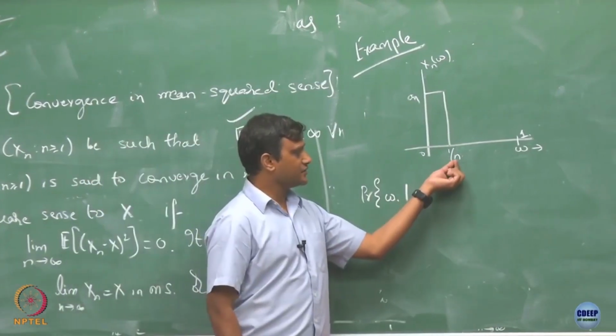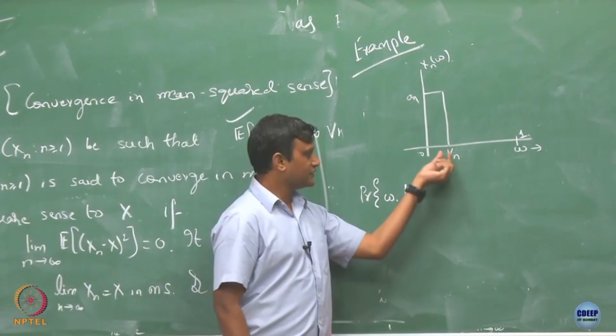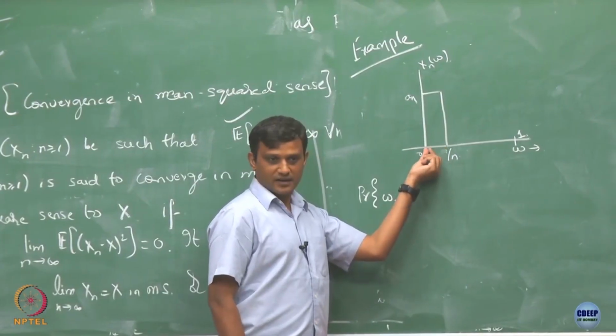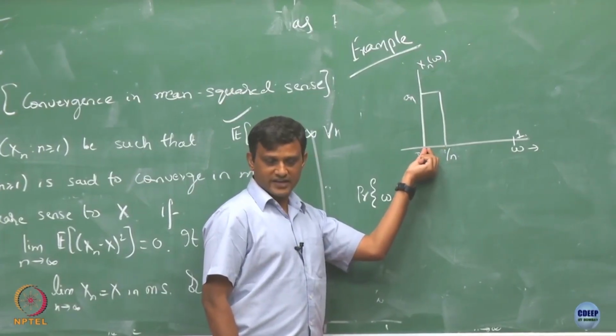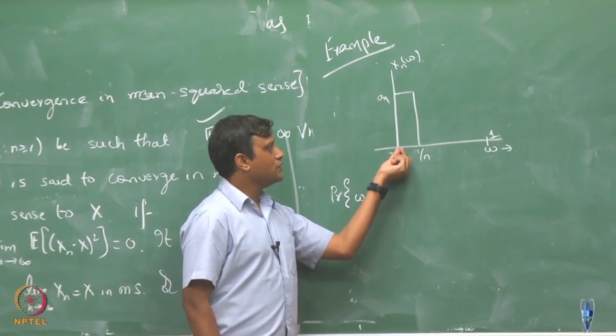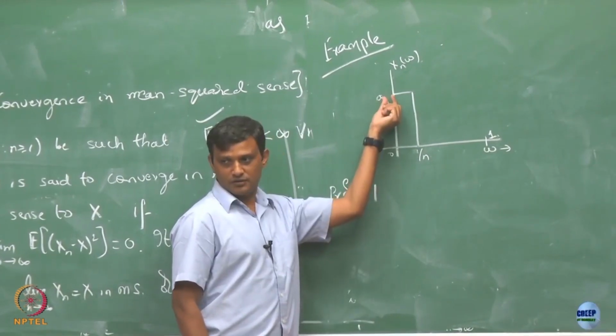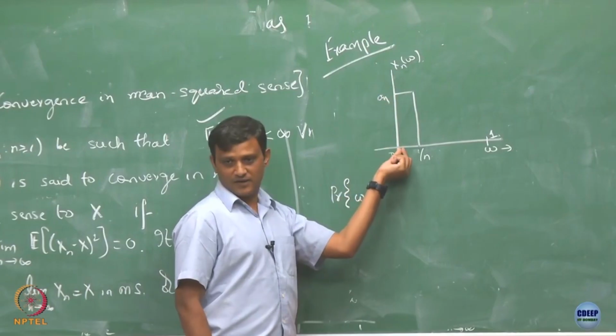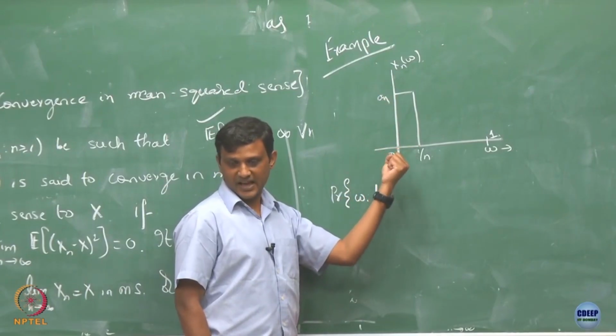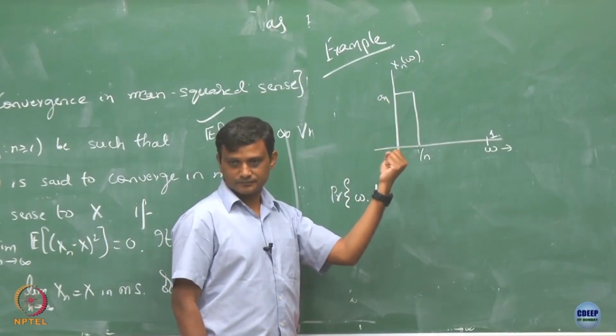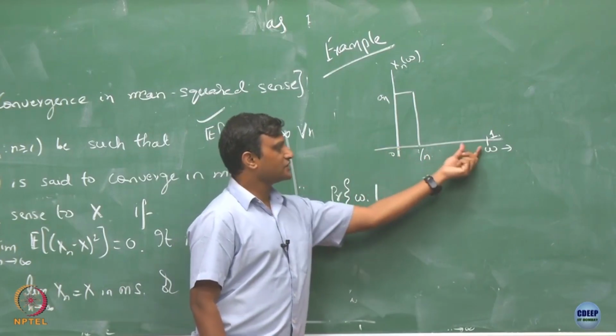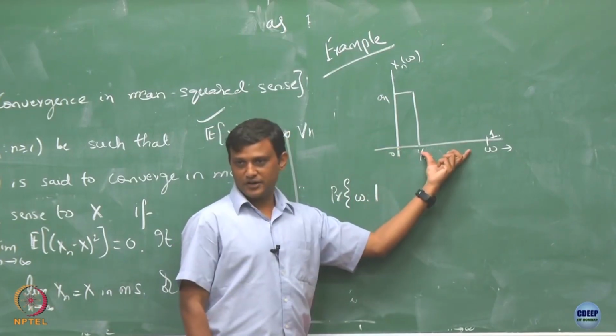As n tends to infinity, it is going to shrink this interval, putting a non-zero value on only some small interval which is shrinking rapidly as n increases. So most of the values of omega are only going to take value 0.